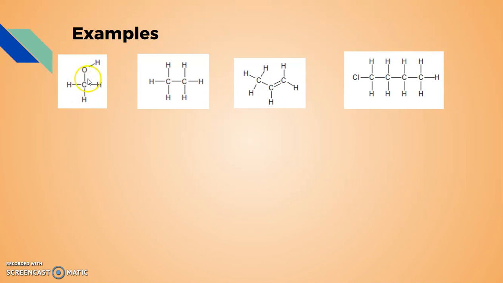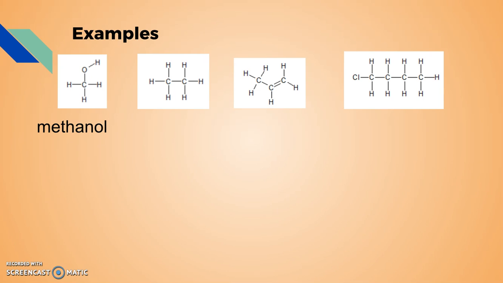In this case, there is only one carbon, so there is no confusion of on which carbon the functional group is. If there is no confusion possible, then it is not necessary to indicate the number of the carbon on which the functional group is situated. I only have one carbon, which is an alcohol, so this compound has got the name methanol.